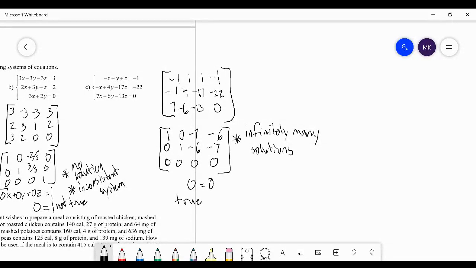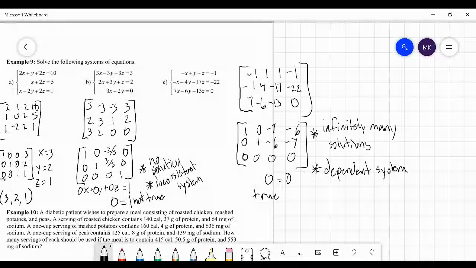Or we could say this is a dependent system. So what that means is that this has infinitely many solutions. What those look like, we can do some more work in future classes to get a better idea.